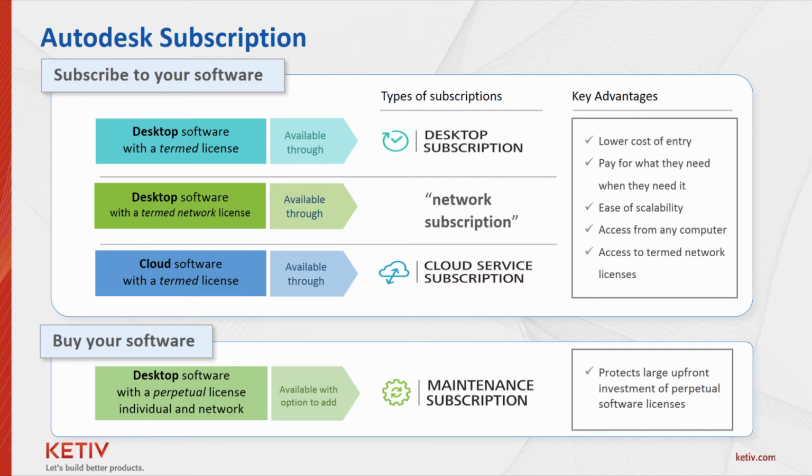The server manages the license checkout and check-in as users are accessing the license. You pay an additional fee for this type of subscription, but it allows you to now share that license amongst multiple users. And again, the server will make sure that only the right number of users are activating or using that license at a time.